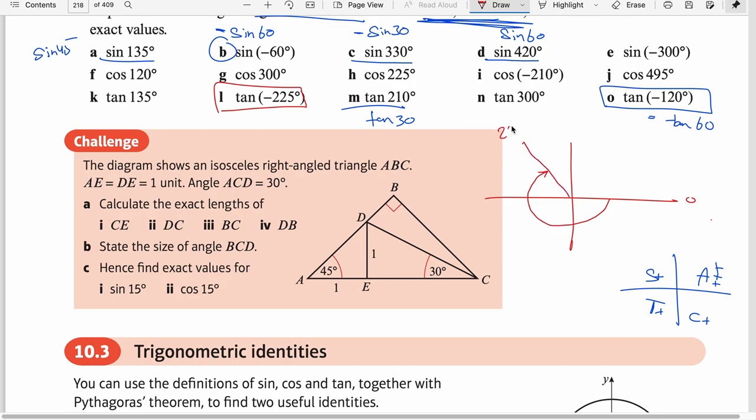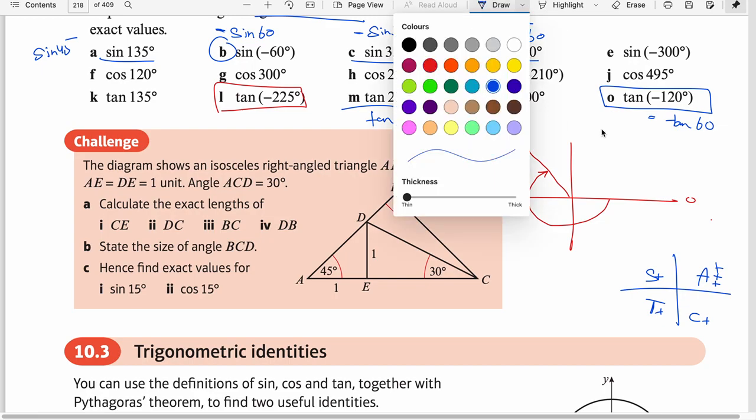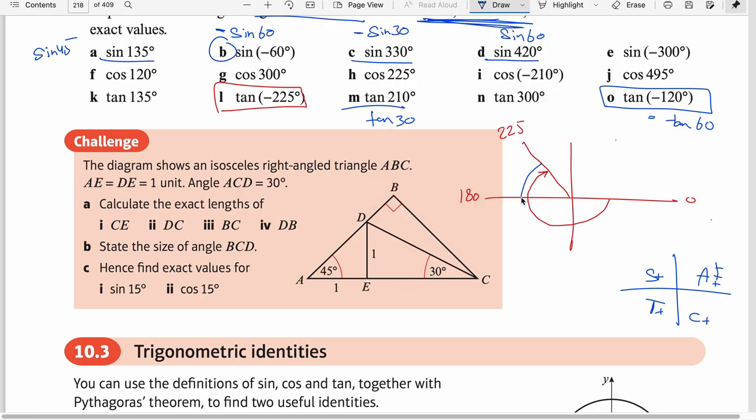Now if this is 225, this is 180. To find the difference, we see this is 45 degrees, right? Now before we answer, tan of negative 225 actually lands in the second quadrant, and there it is positive or negative?